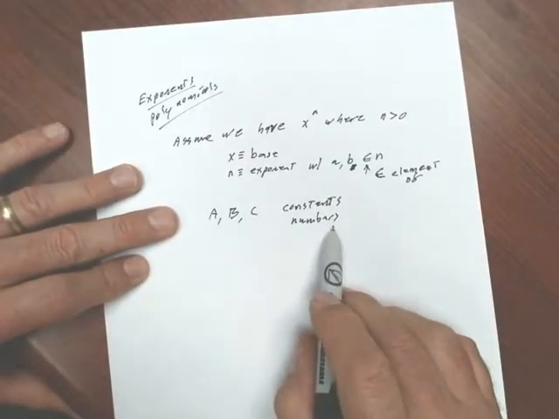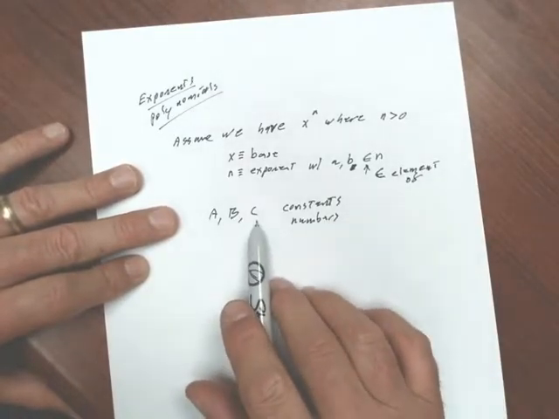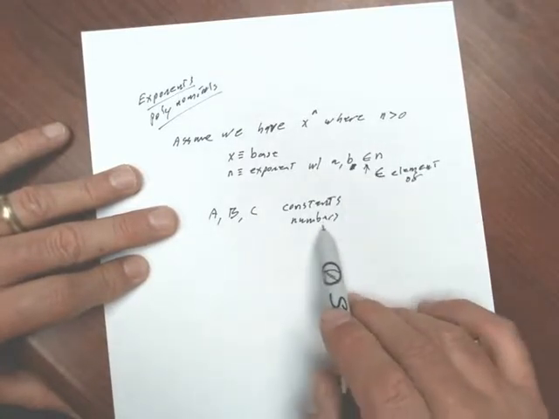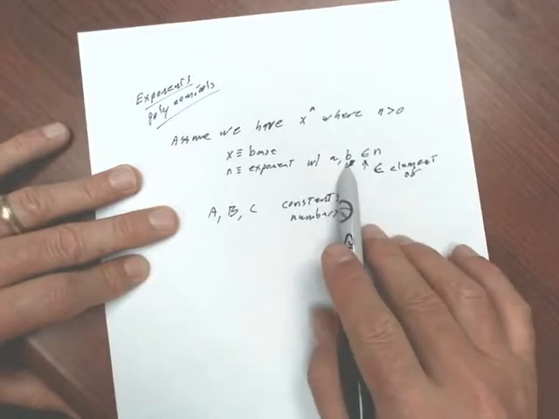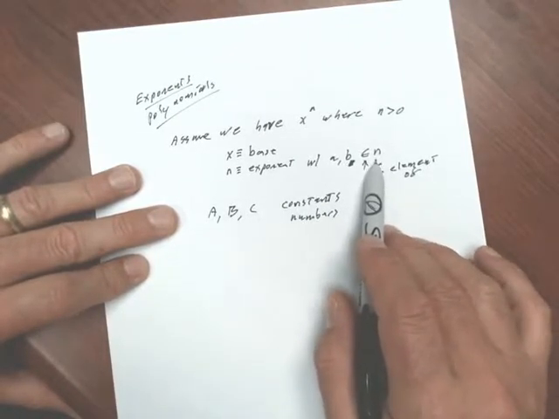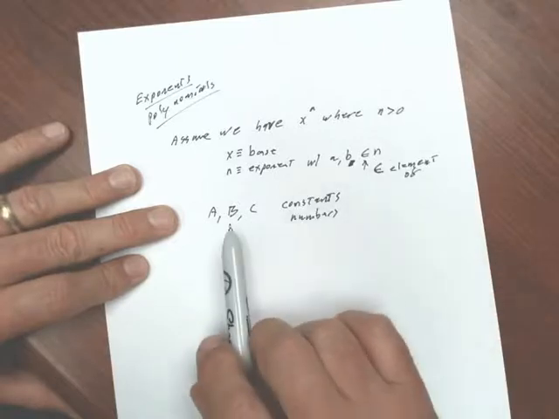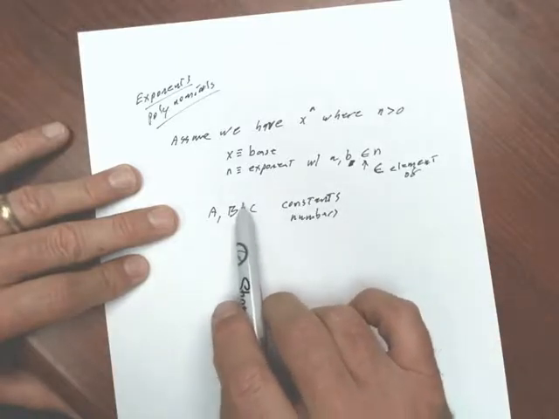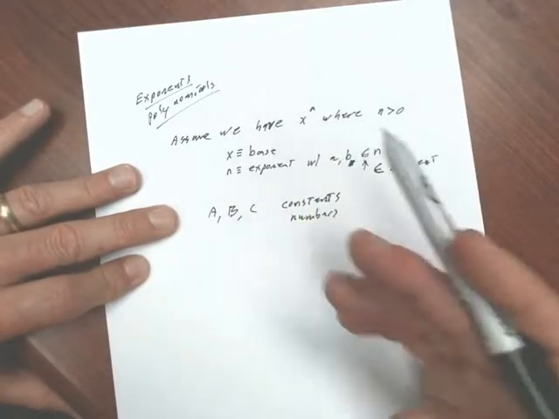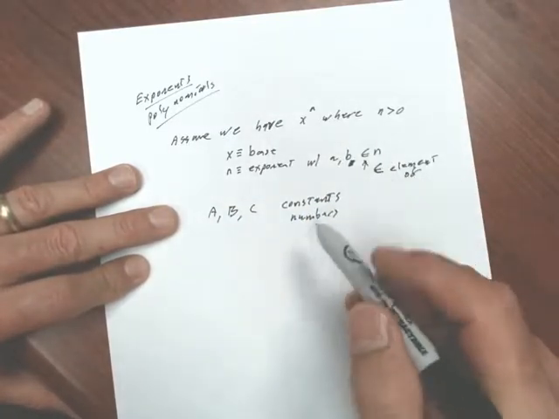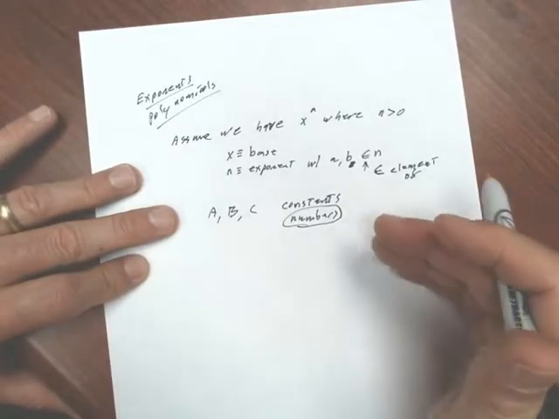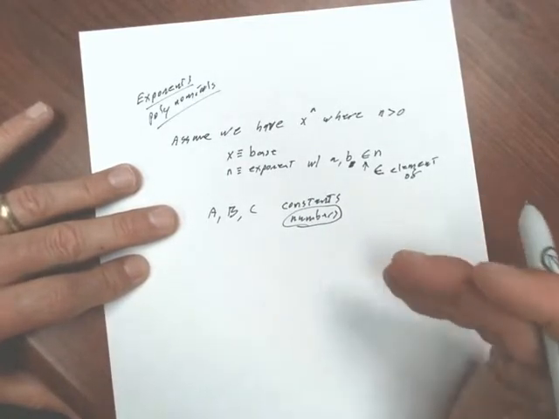A, B, and C take on a specific value. This a and b, they take on a specific value. They're just a lowercase a and b, which are elements of exponents. So the A's, B's, and C's that we were working with in previous videos, we call those constants. They're fixed numbers, already given a designated value.